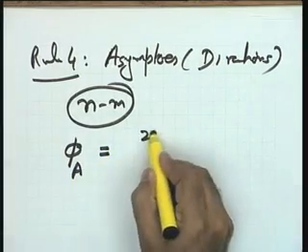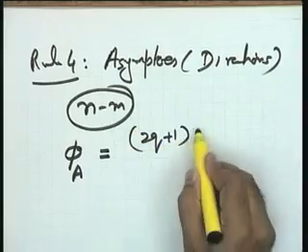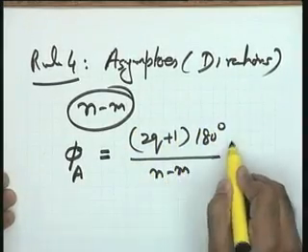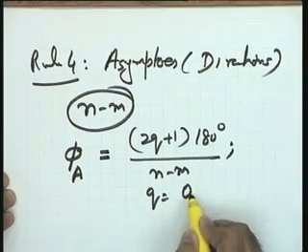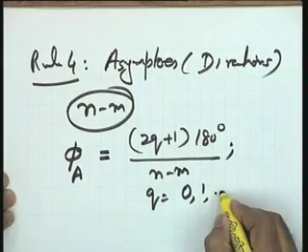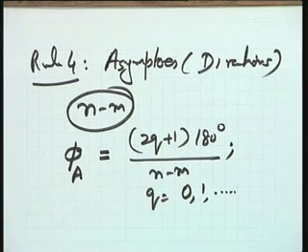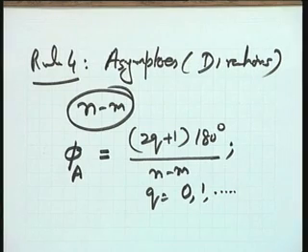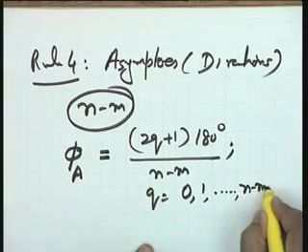It says (2q plus 1) into 180 degrees divided by n minus m, where q can vary 0, 1, and so on. How many, please? Up to what value of q do you have to take? That is, how many angles do you require? You started with 0, so q goes up to n minus m minus 1.